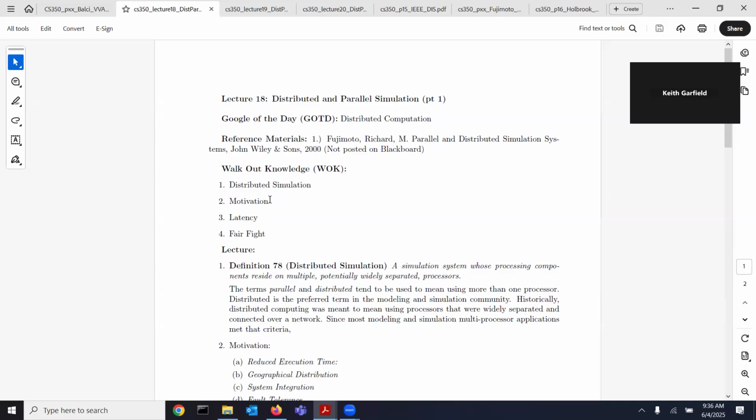So with true, honest to gosh, parallel computing, the processors have to be geographically co-located. They have to be close to each other. And the reason is they're all talking to the same memory. They're all interacting with the same physical memory space. With distributed, now you can open up the geography.